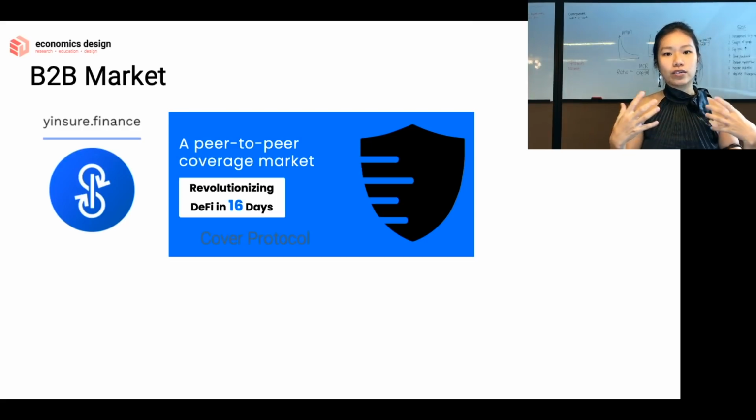When we look at creating market thickness, how do we increase the participants or the network of users in the system? We look at a few ways. The first one is a B2B market way.